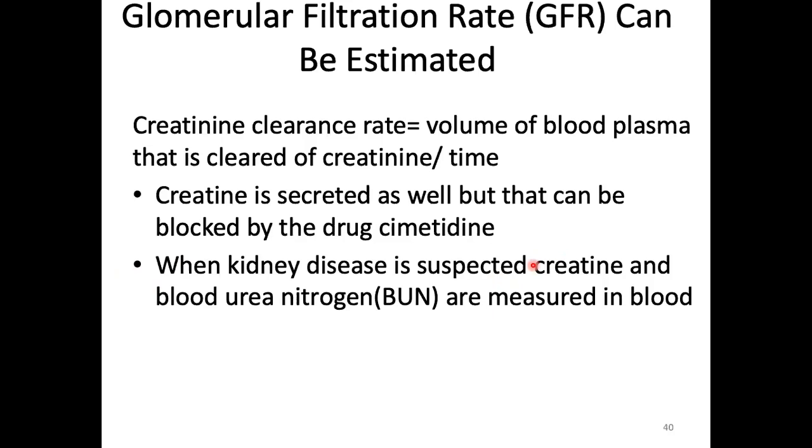So if I have a patient who has kidney damage, or I suspect they have kidney damage, I'm going to take a blood sample and see how much creatinine and blood urea nitrogen are in their bloodstream. The idea is the more that the glomerulus is damaged, the less of these are filtered out, and if they're not filtered out, they're going to stay in the blood.